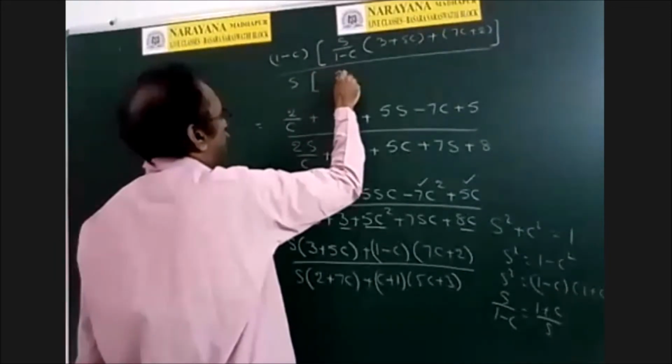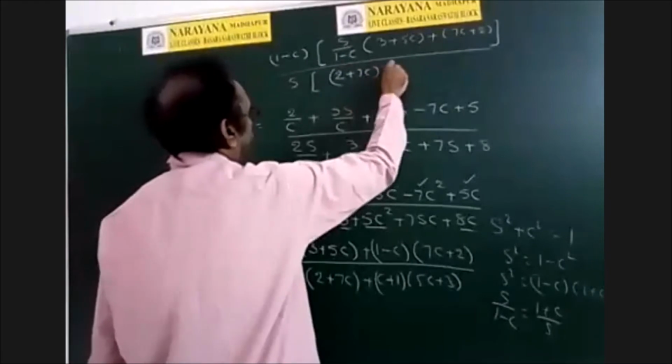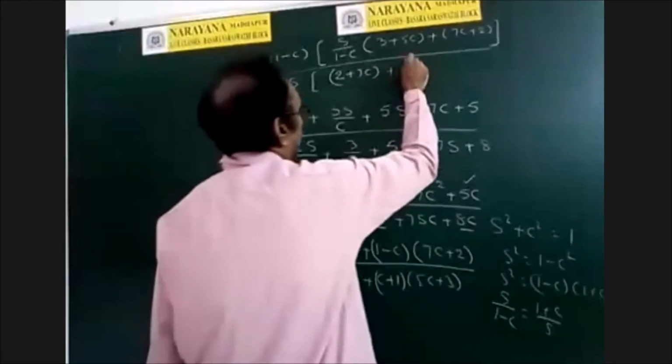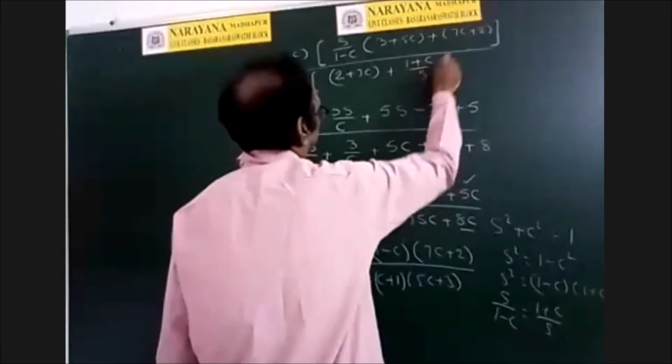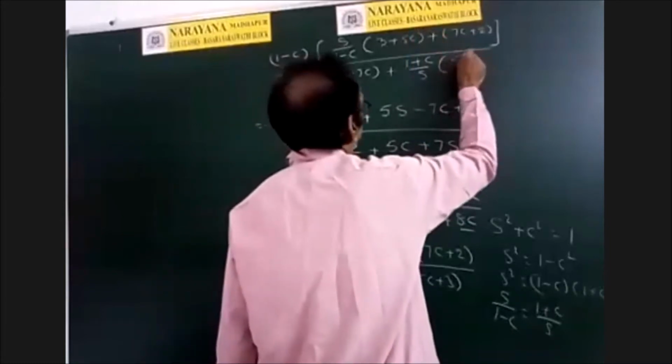So that is 2 plus 7c into 1 plus c by s into 5c plus 3.